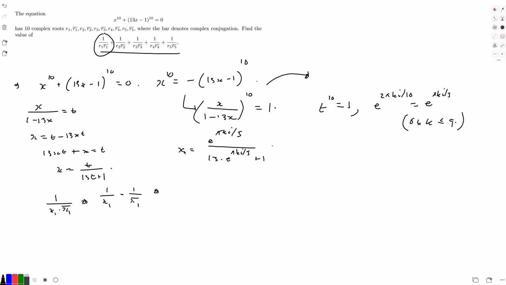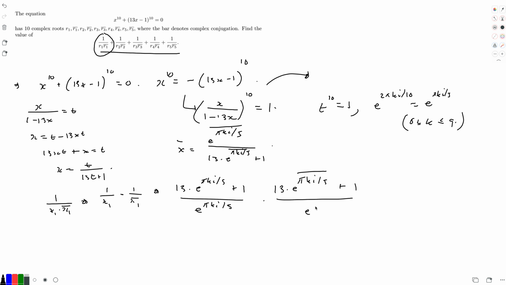So taking this gives us 13 times e to the pi k i over 5 plus 1 over e to the pi k i over 5, times 1 over x1 conjugate. x1 conjugate will just be this thing with conjugate bars over it, and this would give us 13 times e to the pi k i over 5 conjugate plus 1 over e to the pi k i over 5 conjugate.